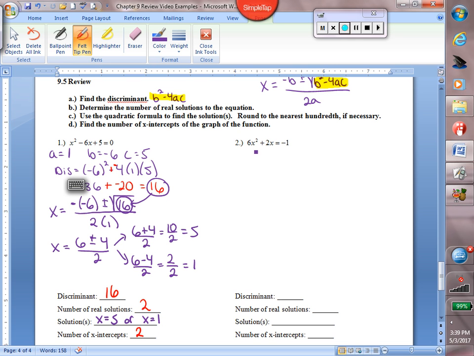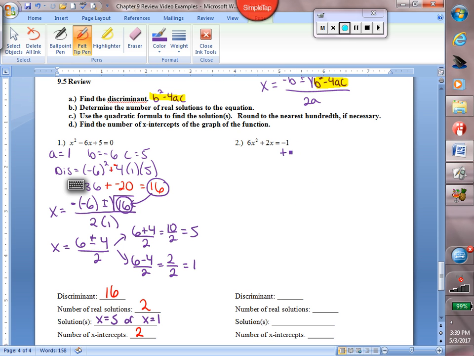In our second example, we can't dig in right away and find a, b, and c because our equation is not in standard form. Remember, standard form means we have our squared term, then our term to the first power, then our constant equal to 0. This equation does not equal 0.